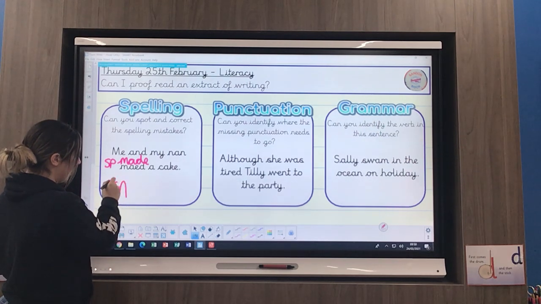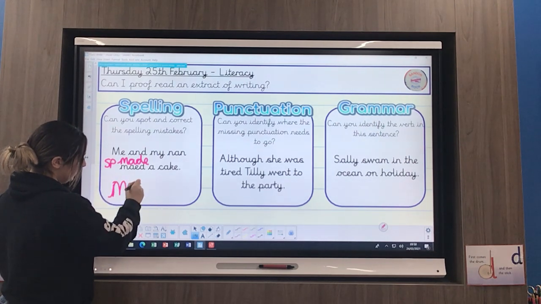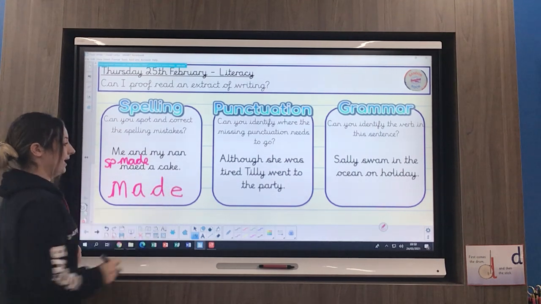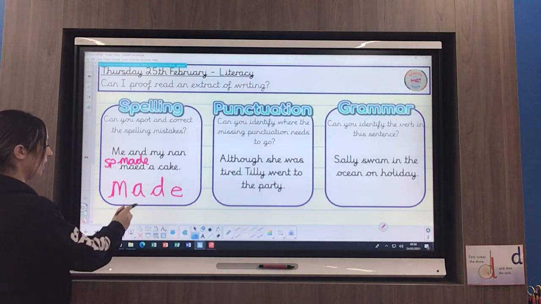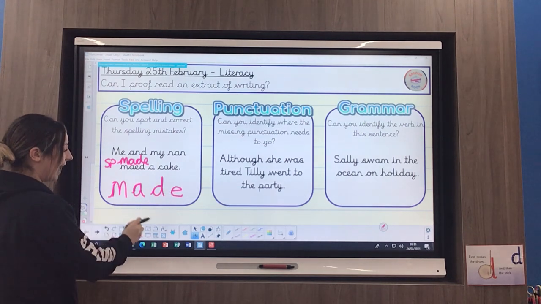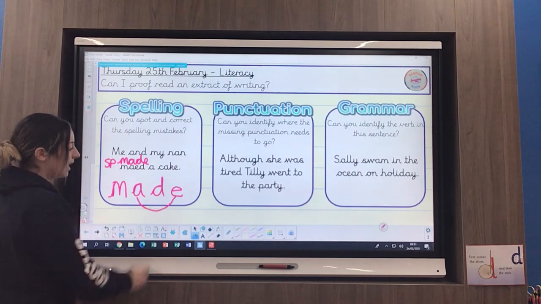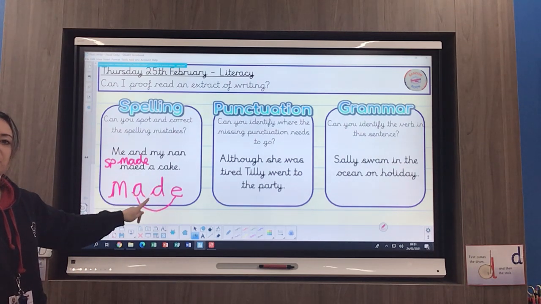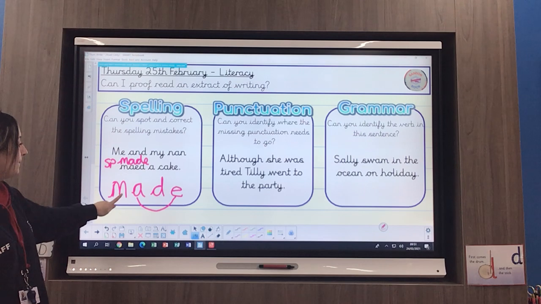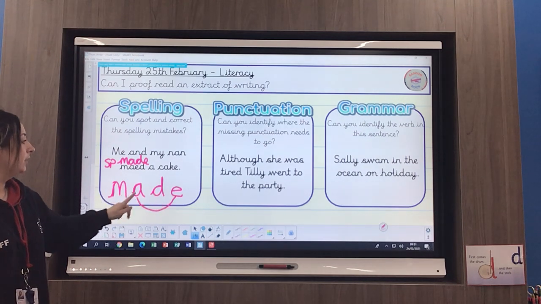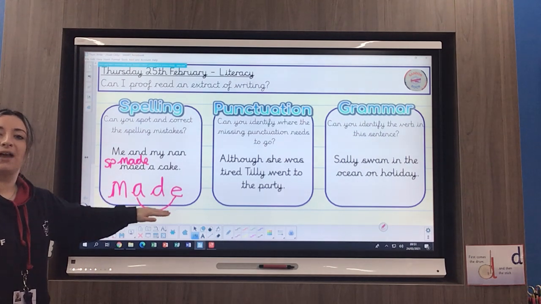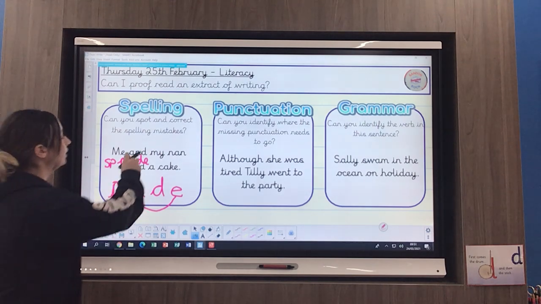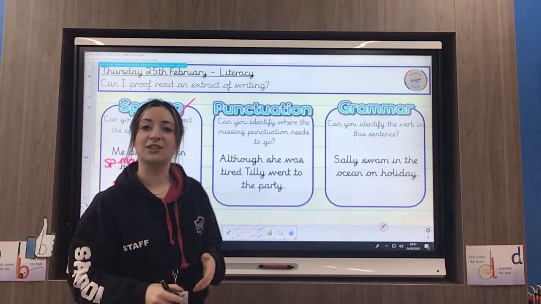So I've got M, A, D, E. Okay, and when we say a split digraph, you've got the A and the E, which make the A sound. However, they are separated by the final sound, which is D. So we've got A, D. Okay, and that would have the correct spelling of made. So if you have spotted that at home, well done, and you can give yourself a pat on the back.